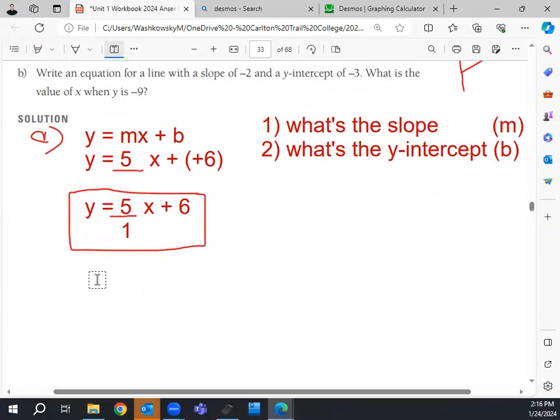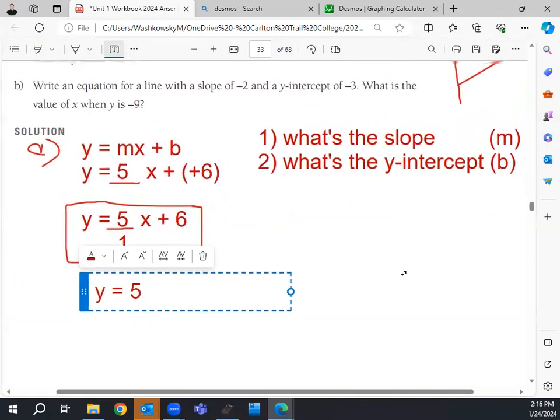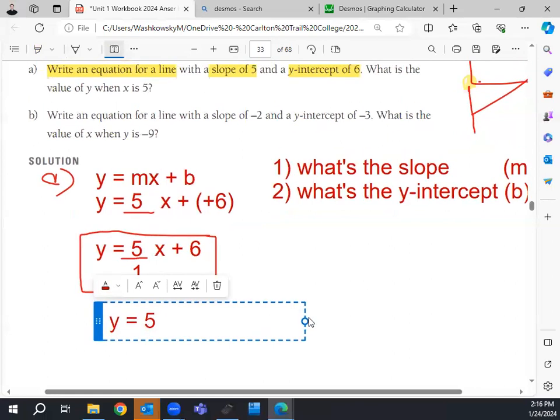So I'm going to write that over here. I'm literally going to write my same equation, y equals 5 over 1x. You could just write 5x. And actually, I'm going to do that in this case. Instead of x, what am I putting in place of it again? 5. I'm putting a 5, specifically a positive 5, plus 6.